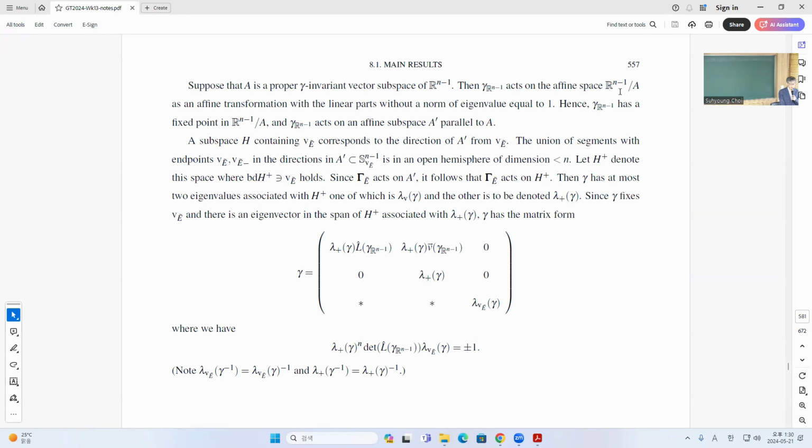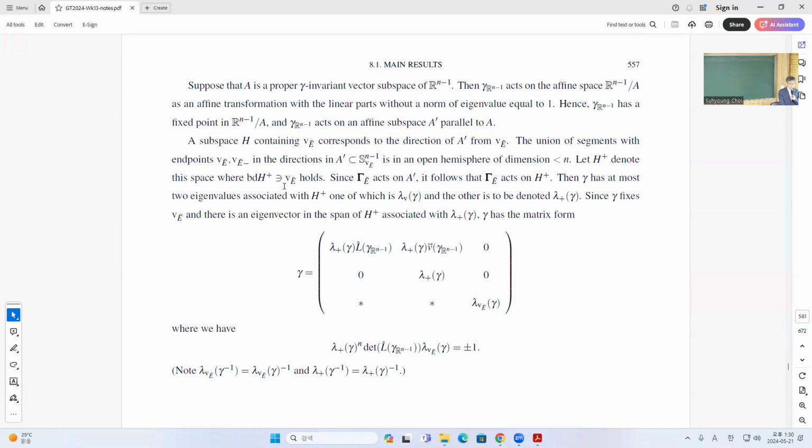It acts on the quotient space by an affine transformation without any norms of eigenvalue equal to 1, hence it has a fixed point. This means that gamma acts on some affine space A prime parallel to A.